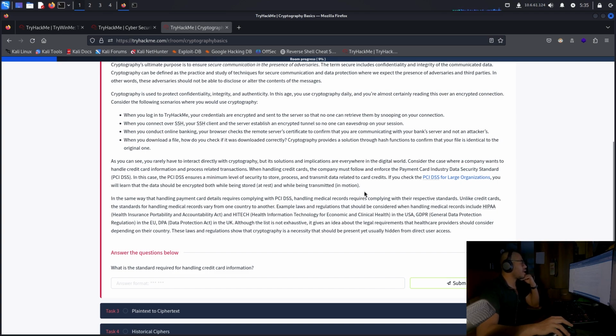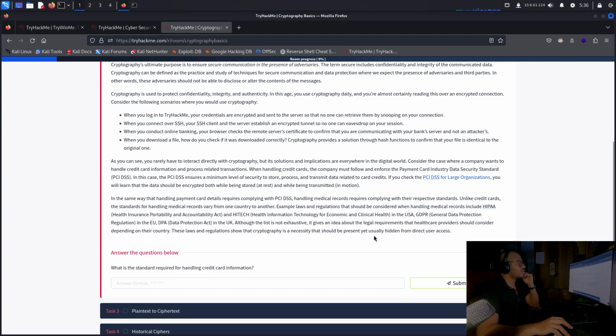In the same way that handling payment card details requires complying with PCI DSS, handling medical records requires complying with their respective standards. Unlike credit cards, the standards for handling medical records vary from one country to another. Example laws and regulations that should be considered include HIPAA, Health Insurance Portability and Accountability Act, and the HITECH, Health Information Technology for Economic and Clinical Health, in the USA; GDPR, General Data Protection Regulation, in the EU; and DPA, Data Protection Act, in the UK.